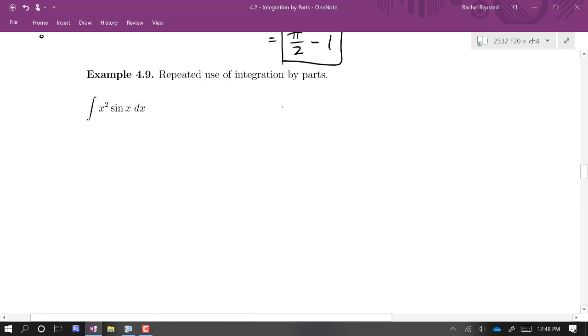So we're going to let u equal x squared, which means that du is 2x dx. We're going to let dv equal sine x dx, and that means that v is equal to, the integral of sine is negative cosine.